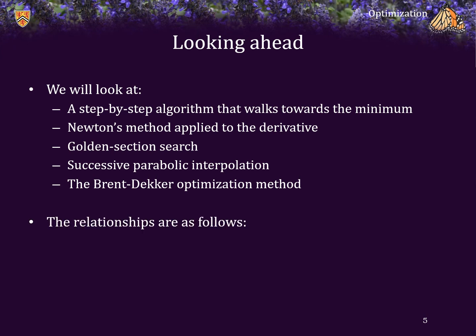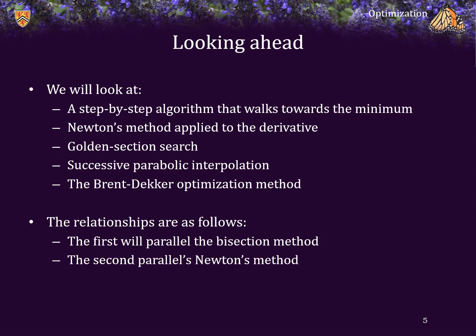Now, the relationship to what we've already done is as follows. The first one is essentially a bounding algorithm and therefore parallels the bisection method. The second parallels Newton's method, which used Taylor series.